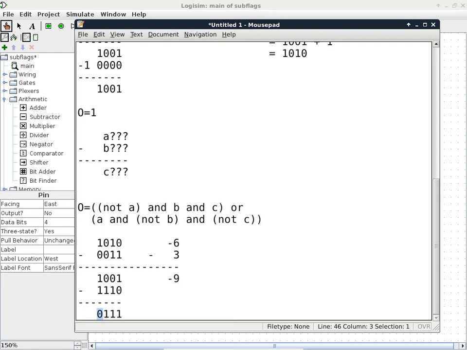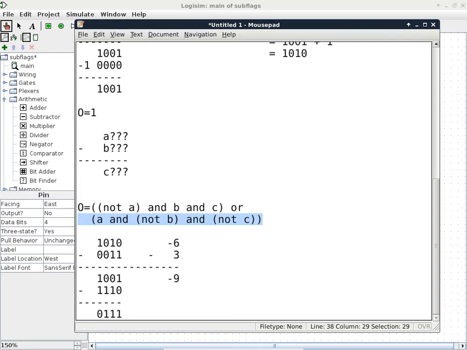So in this particular case, A is a 1, B is a 0, so not B is a 1. C is a 0, so not C is a 1. So now we have 1 and 1 and 1, which is 1. Now with a disjunction, or, if one side is a 1 already, then the entire thing is 1, and therefore the overflow flag is also a 1 in this case.